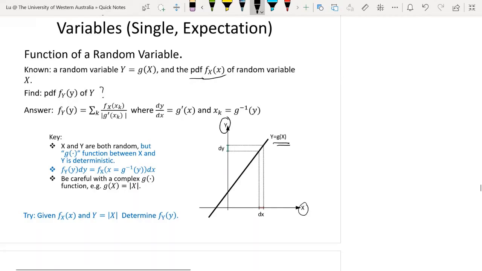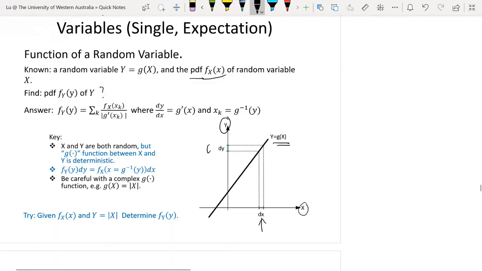So all the conditions are given here. I want to define a small step along the x-axis, which I call dx. This small dx is mapped to the y-axis through the g(x) function correspondingly. Then I derive dy here.